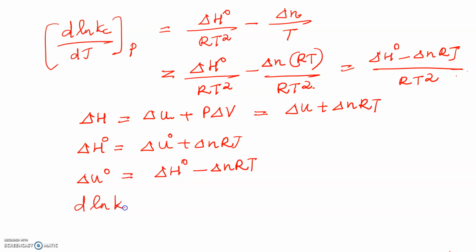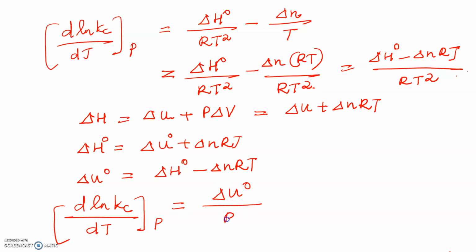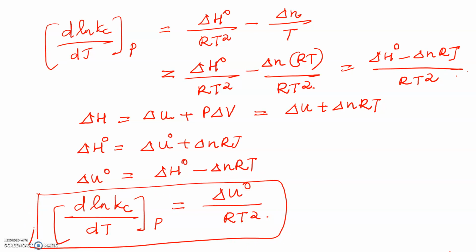Therefore, d ln Kc by dT at constant pressure can be equated to delta U0 by RT squared. And this equation is known as Van't Hoff reaction isochore. This is not at constant temperature. This is at constant pressure.